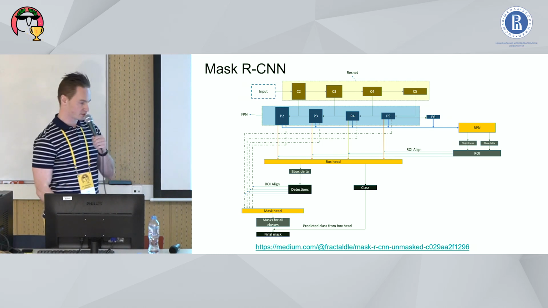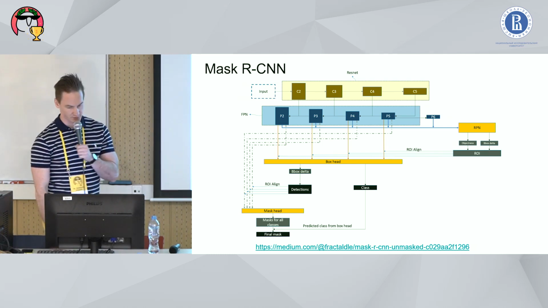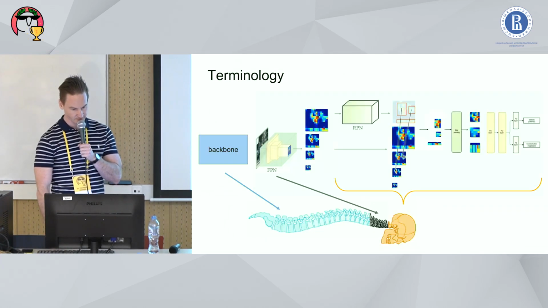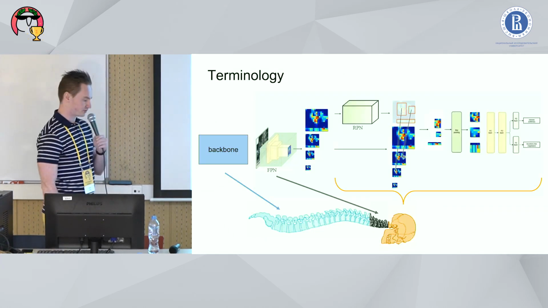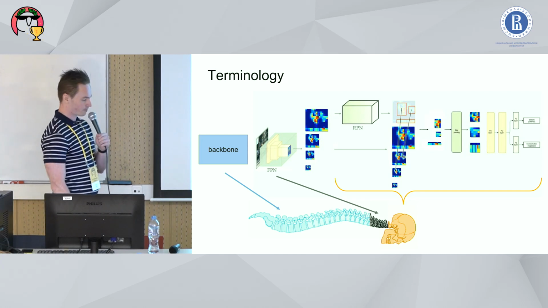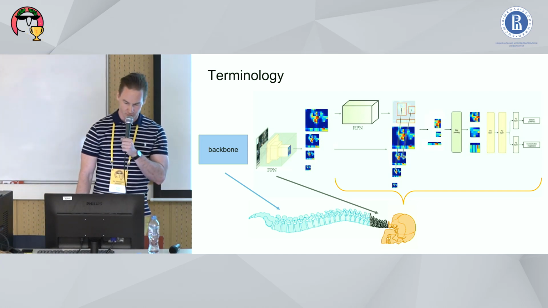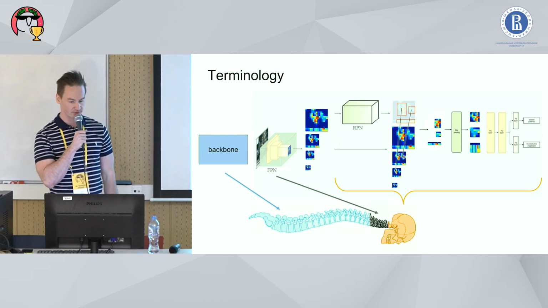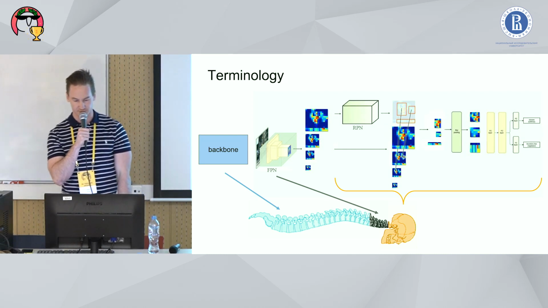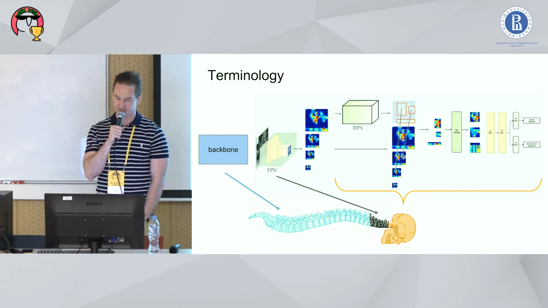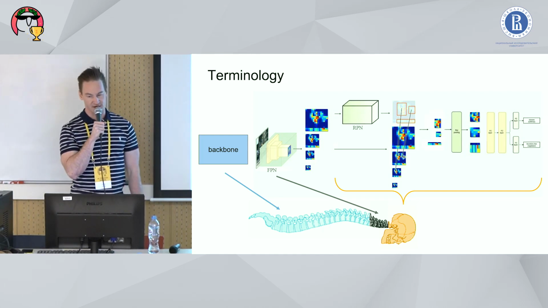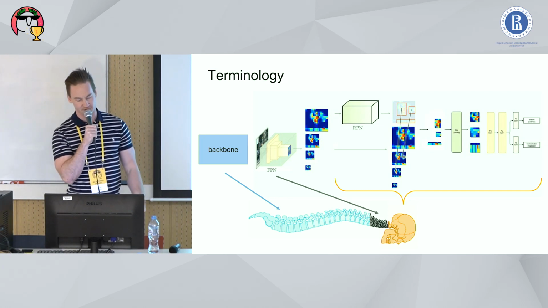For more details, please visit this post on Medium. It has a clearer description of this architecture. So in terms of terminology from MM detection, backbones are called backbones because they have a lot of convolutions inside of them. The feature pyramid network is called the neck for some reason, and the rest of the parts are called heads.